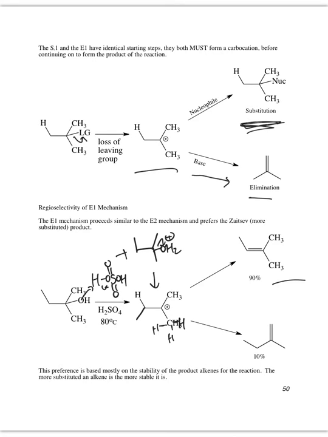So to get to the more substituted alkene, we need to take a hydrogen off of the more substituted carbon to form the major product. For getting to the other one, we would take a hydrogen off of the less substituted one to get to the less substituted product and the less preferred one.